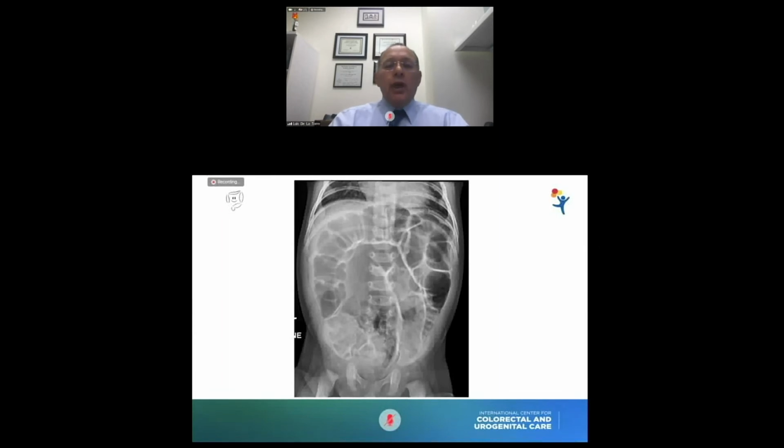So you need to know that the patients that have low obstruction have a lot of gas in the belly. The belly has all the bowel distended, usually the large bowel and the small bowel, right? So this is an X-ray that gives us the idea, and we need to suspect that this patient could have Hirschsprung disease.